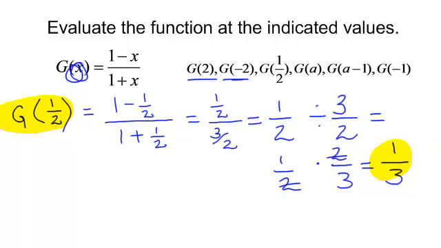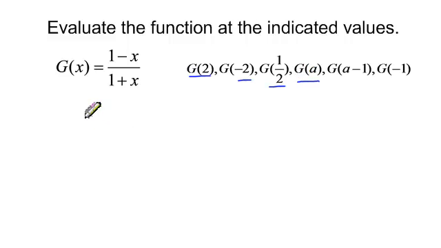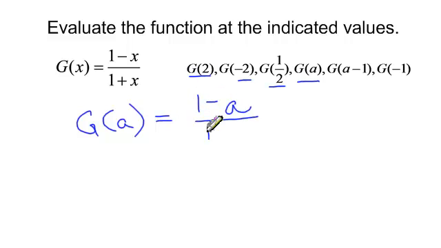Let's keep working. I now want to find g at a. Is this confusing? All of a sudden, I plugged a variable in for another variable. Let's look at it. Wherever I see x, you simply plug in a. So instead of 1 minus x, I will have 1 minus a over 1 plus a. These are not like terms.